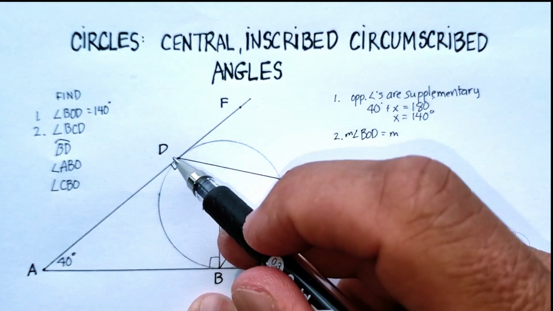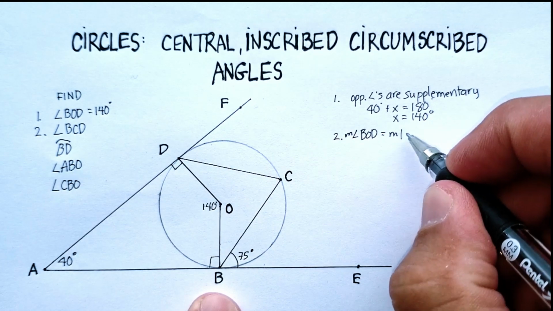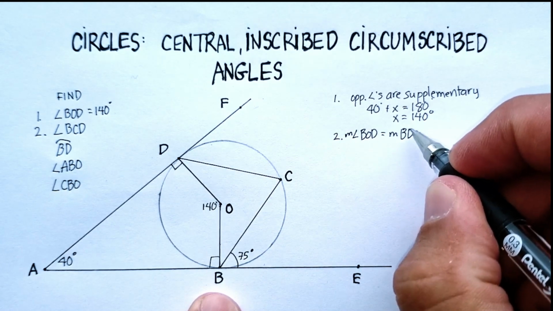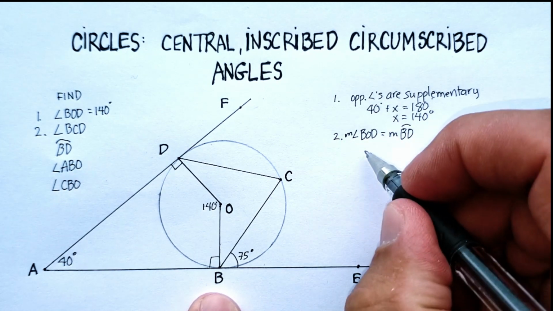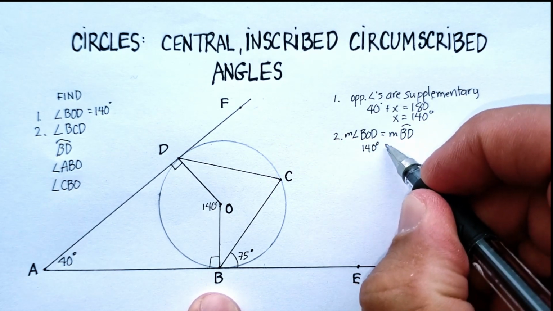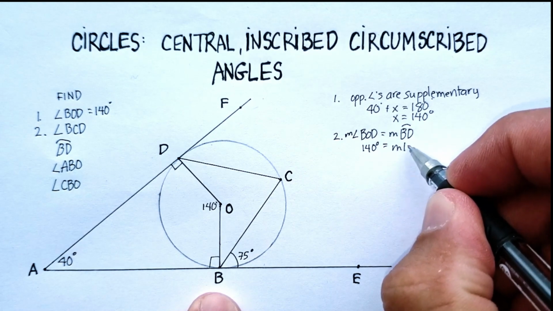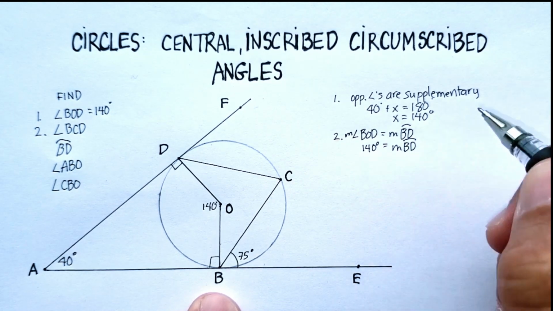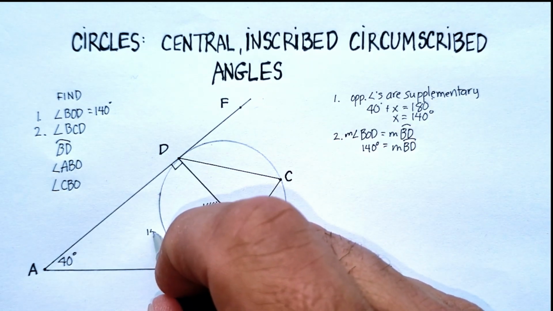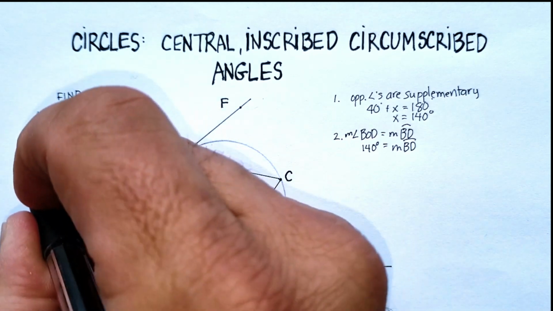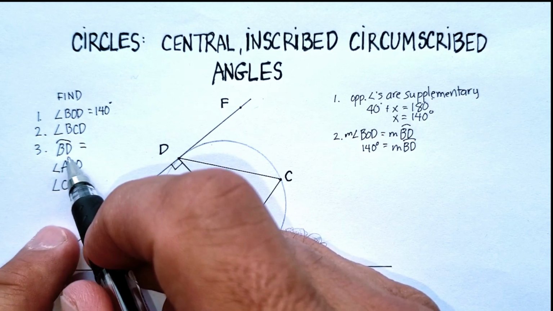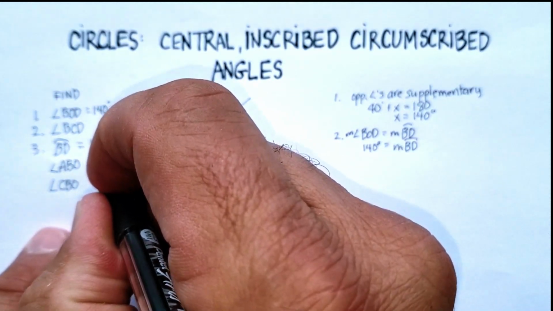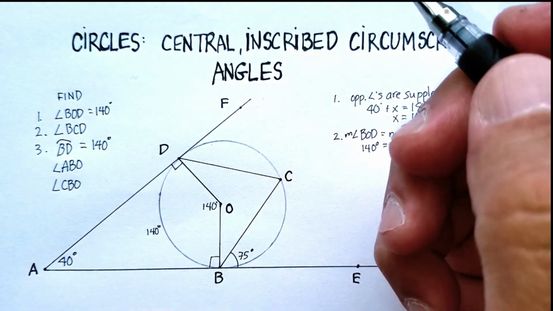In this case, it would be arc BD. Okay? Since we know that the measure of BOD is 140, then the measure of arc BD is also 140, which actually was number 3, right? So we know that the measure of arc BD is also equal to 140 degrees.